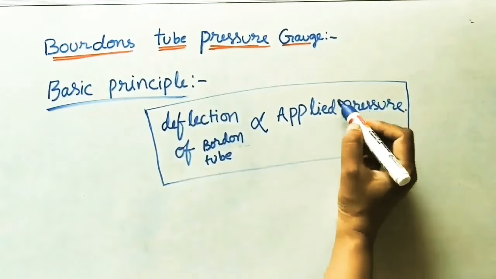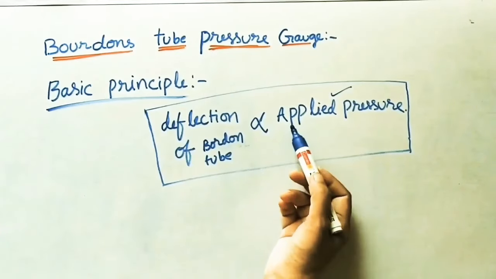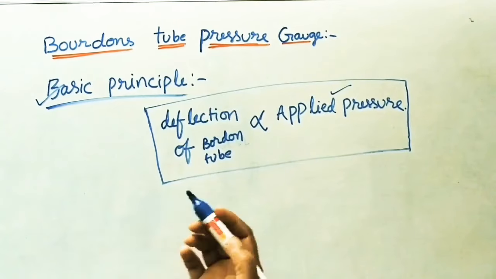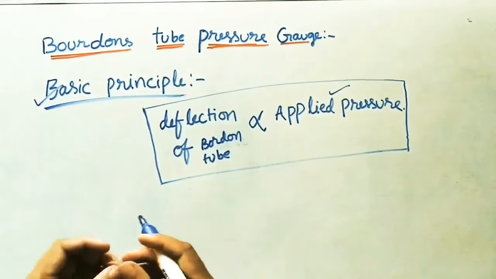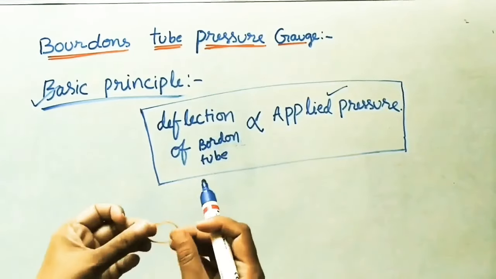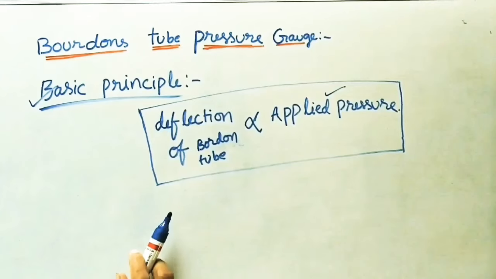If the applied pressure is more, the deflection of the Bourdon tube is also more. So pressure is proportional to deflection. Here we use elastic material for the tube, and if we apply more pressure, more deflection will come inside the tube. This is the basic principle of this tube.